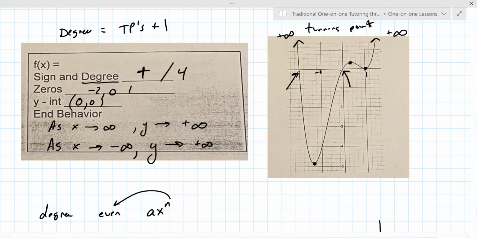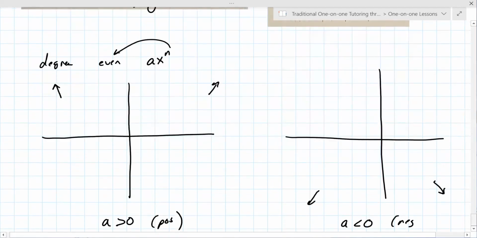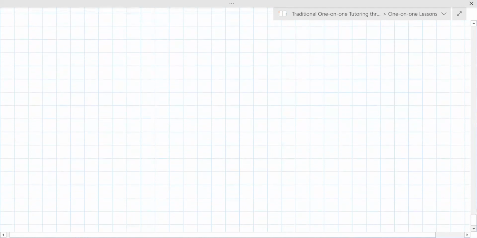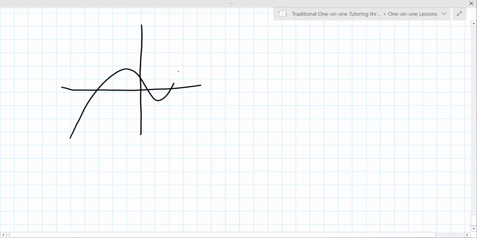Okay. Let's just briefly do this. Did you get this copied down? Yes. Okay. This is really important because I don't think that this is completely clear. Let's say I give you a graph that looks like this, and we want to do the end behavior. As x goes to infinity, that's over here on the right.